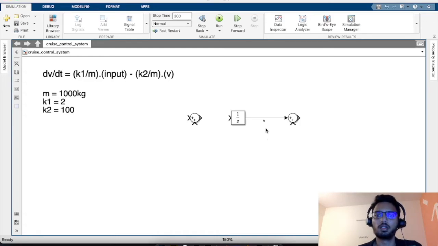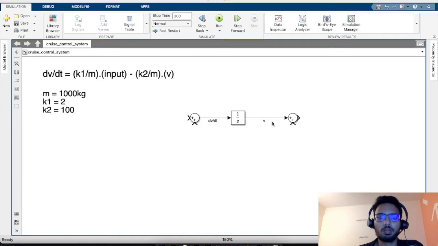Here we are only concerned about a straight line motion. Therefore for our case we can say that velocity and speed are the same, so I'm using the terms interchangeably. So we are getting v here, so this must be dv by dt, and from this differential equation we have dv by dt equal to K1 by m times the input minus K2 by m times the speed v.